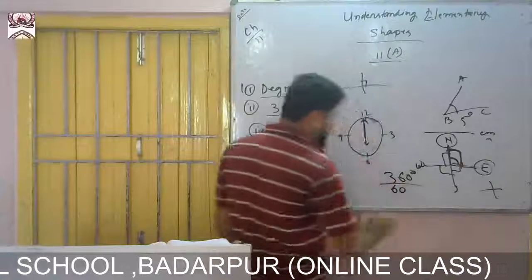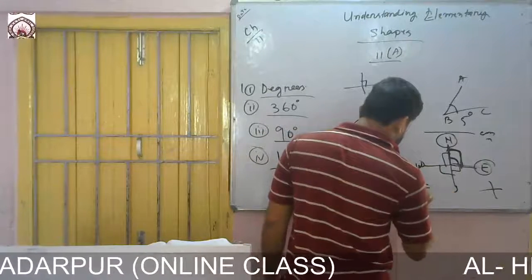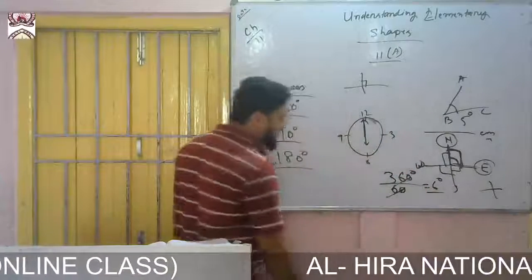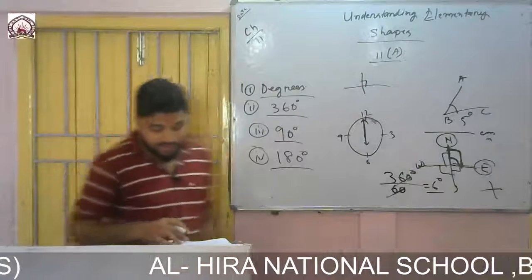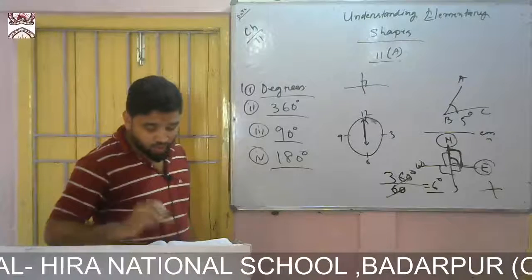We'll divide by 60. If you cancel, we get 36 over 6, which is 6 degrees.